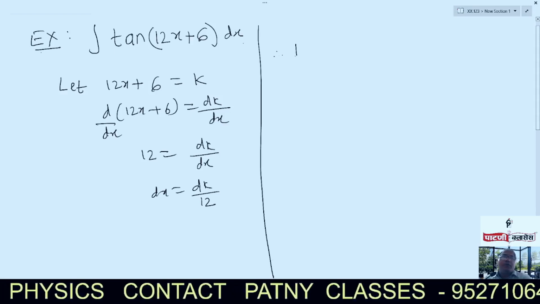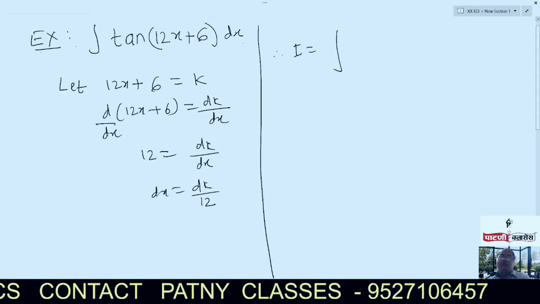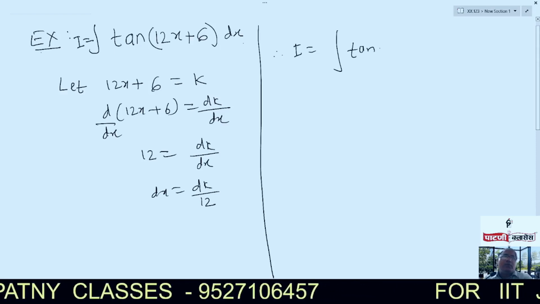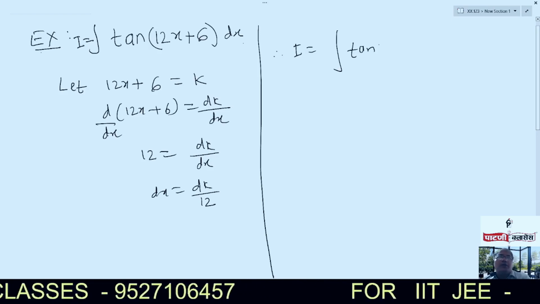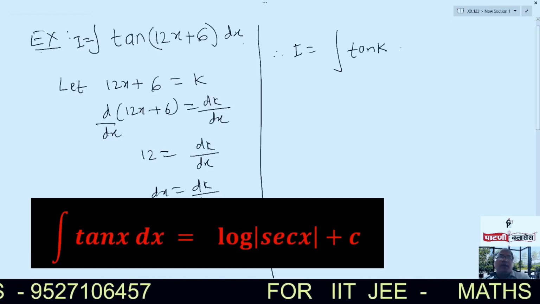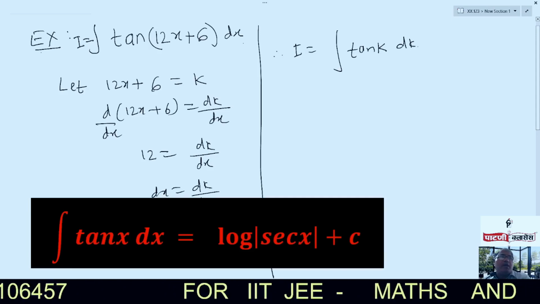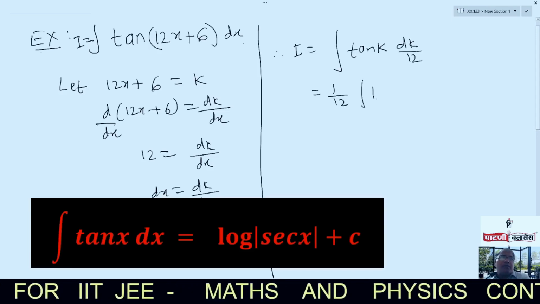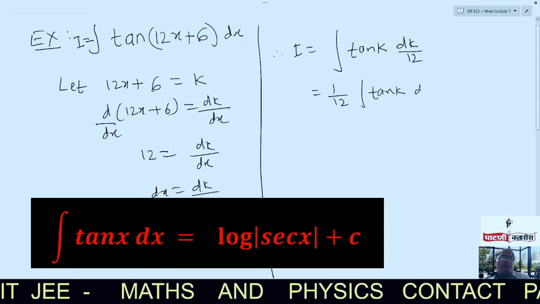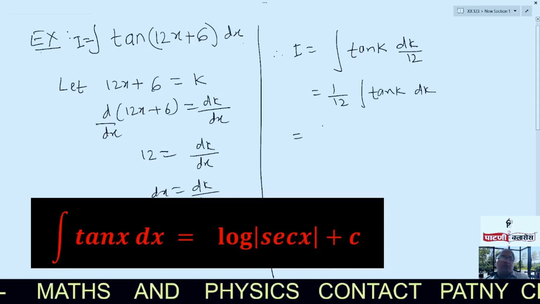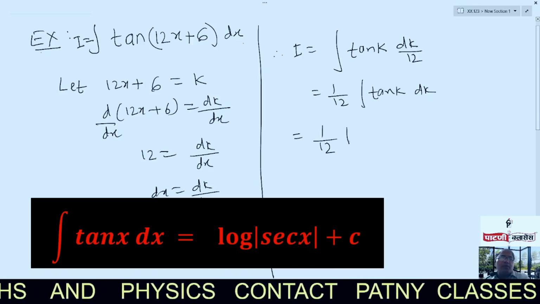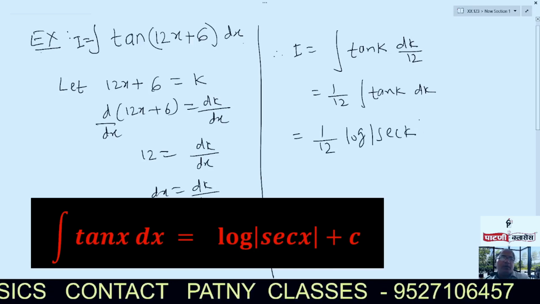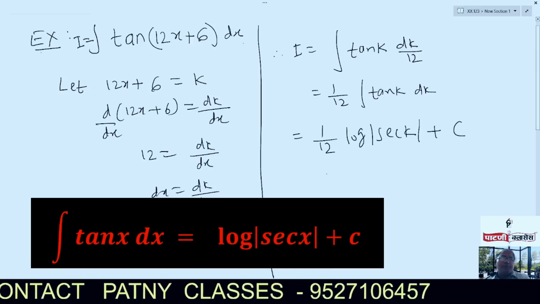Therefore integration I equals, the given problem is I, tan of (12x plus 6) can be replaced by k and dx can be replaced by dk upon 12. 1 upon 12 is outside. Integration of tan k with respect to k equals 1 upon 12 log of modulus of sec k plus c.